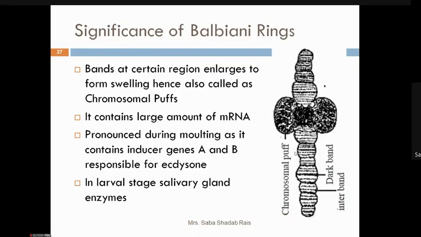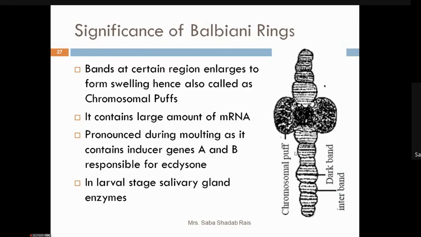Insects have different levels of development. They have the larval stage and the pupal stage, so complete metamorphosis is there. At the time of molting, they have various larval forms, and all the larval forms are molting.